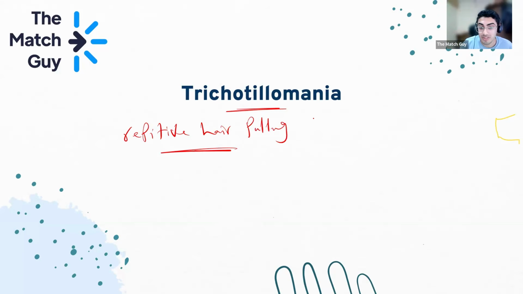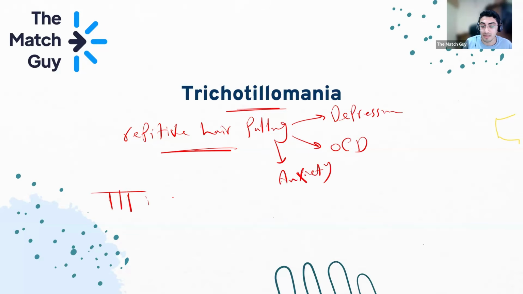Okay, so since it's a psychiatric condition, it would be associated with other psychiatric conditions, like for example, depression, OCD, or anxiety. And since it's a psychiatric condition, the treatment for it would be cognitive behavioral therapy and SSRI. Okay, nice. So what would be the picture or the hair loss distribution in patients with trichotillomania?